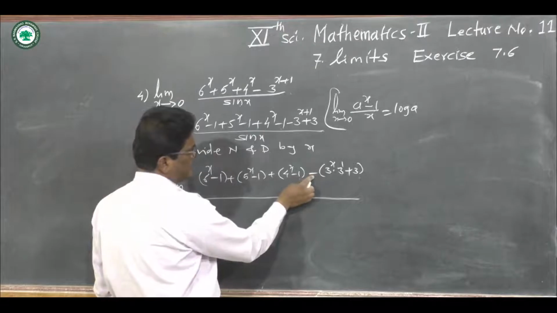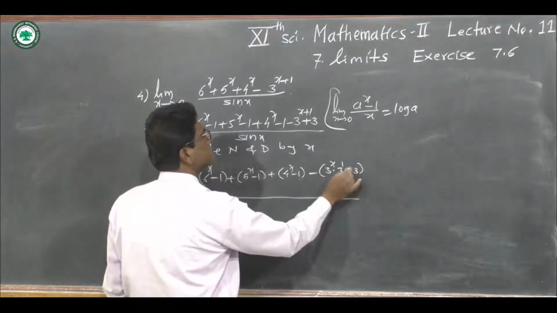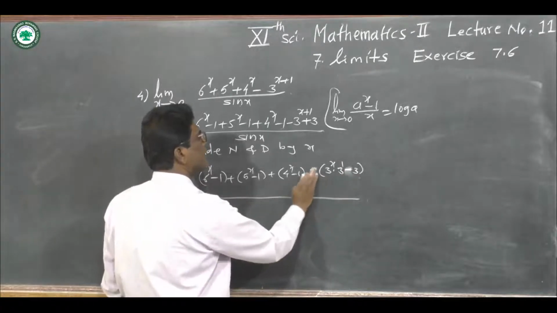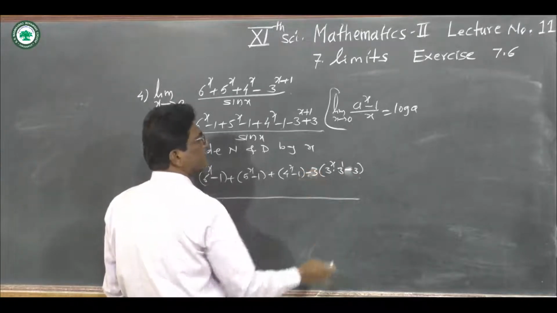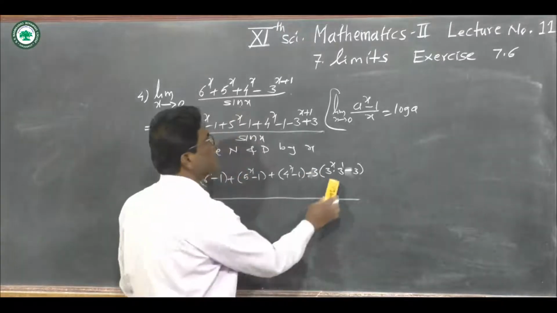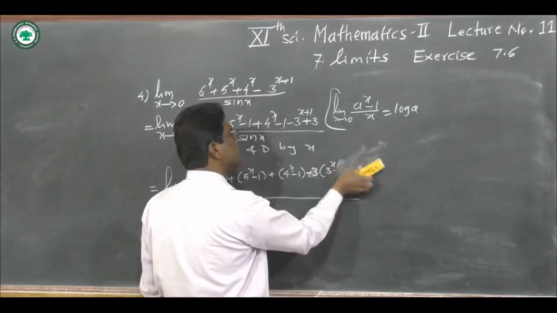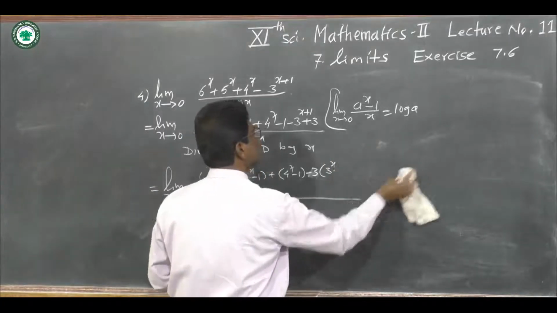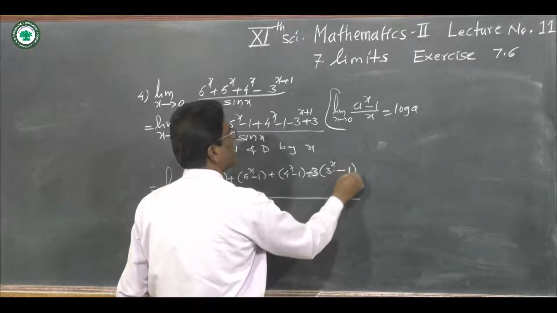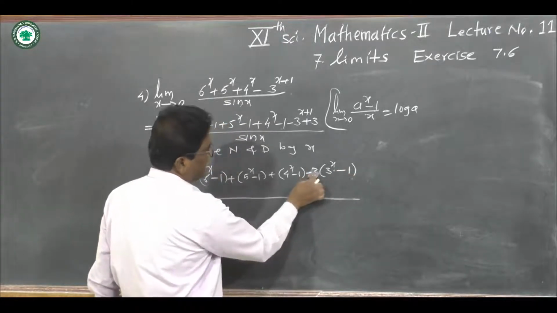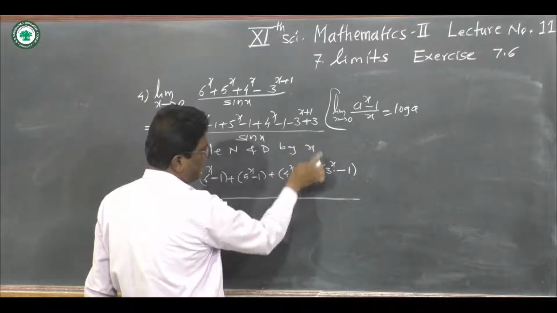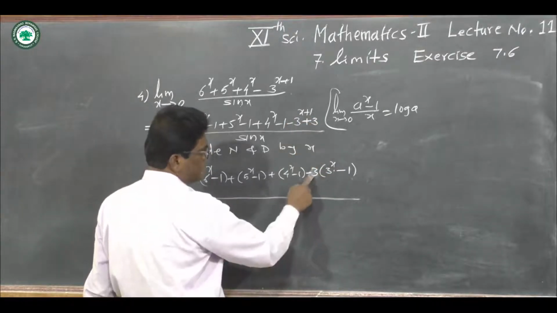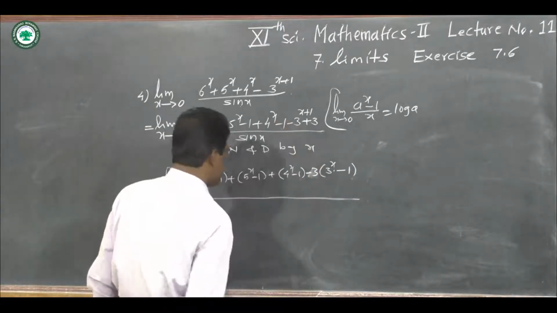Now if we take the minus sign, this becomes minus, and then take 3 common: minus 3, and in the bracket 3^1 minus 3 is equal to minus 1. So minus 3 into 3^x, that is 3^x into 3 means 3^(x+1), minus 3 into minus 1, that is minus minus plus 3.